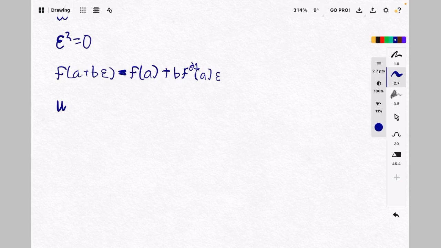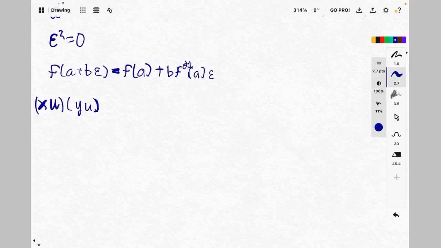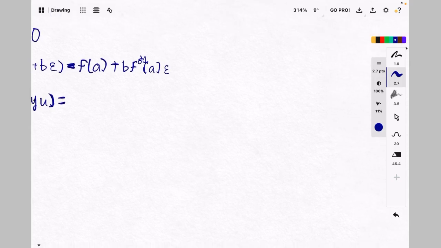And I created this constant with the rule that multiplying xu times yu, where x and y are any real or complex number, equals the square root of xy times u.